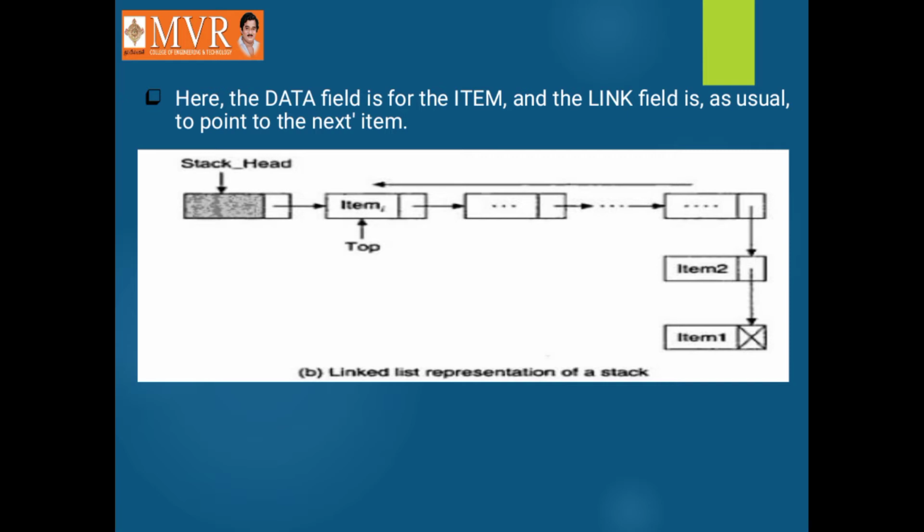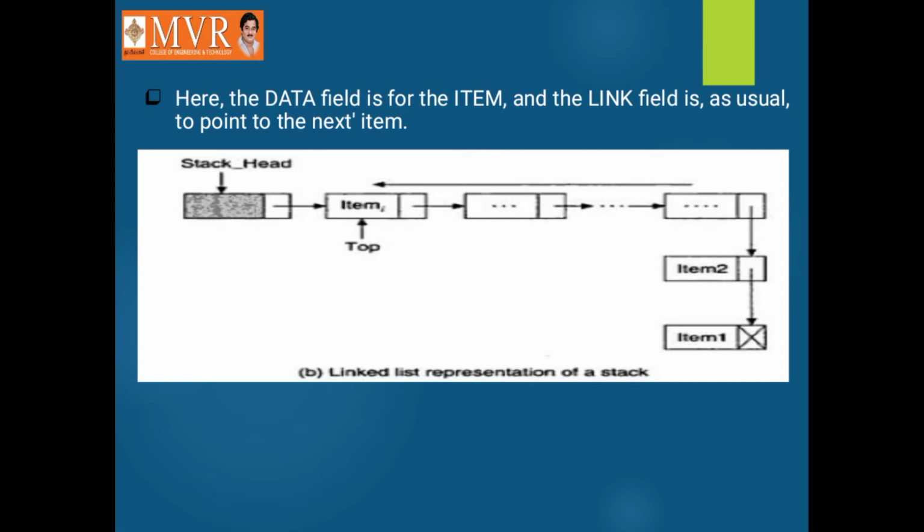If you can observe, my top is pointing towards the item I, which shows that this is the last item in the stack. If I want to insert a new item, then I have to insert it after it. If I have to delete, I will be deleting the top, the element pointed by the top pointer only. Okay. This is a linked list representation.